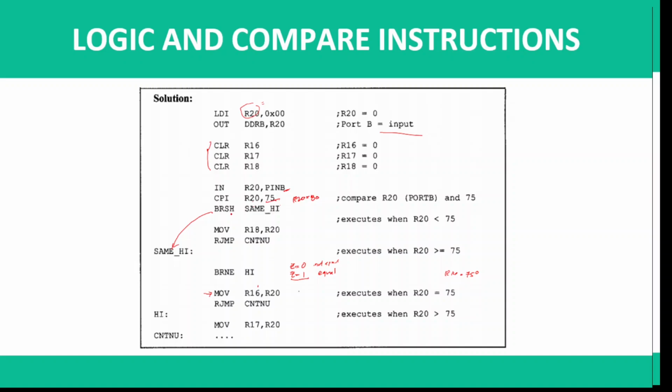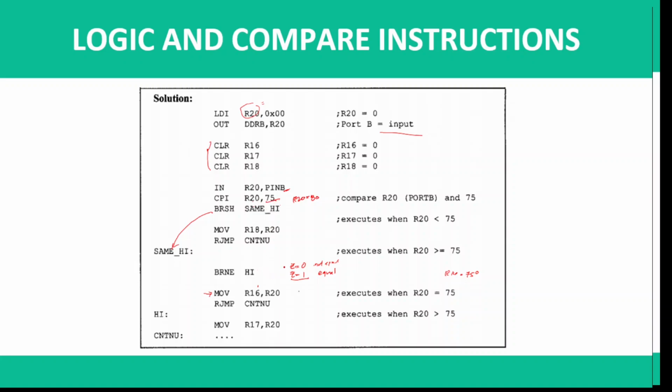Branch, if it is same or higher, it goes to same high. So, BRNE high. So, branch, if branch not equal to high. So, kung ang atong R20 is equal to 80, pag i-compare nato 80 minus 75, we have 5.